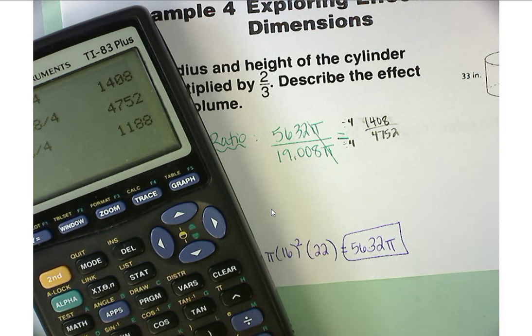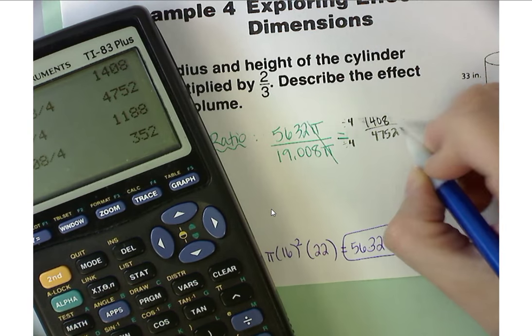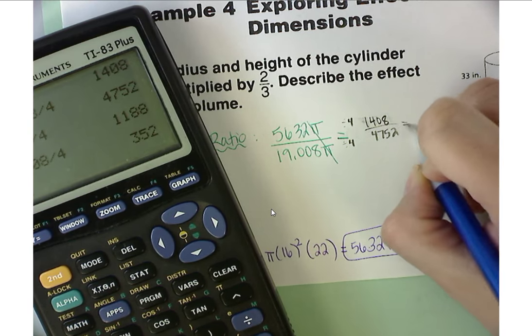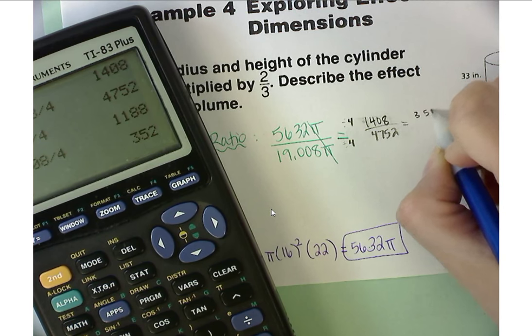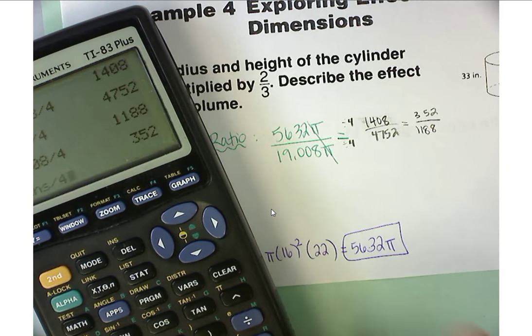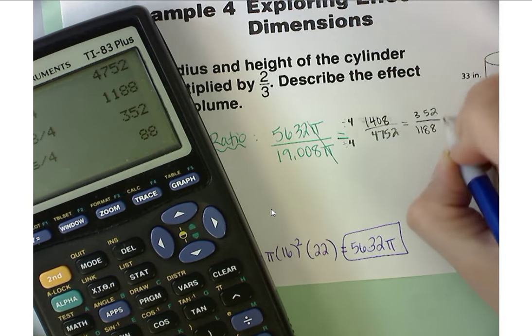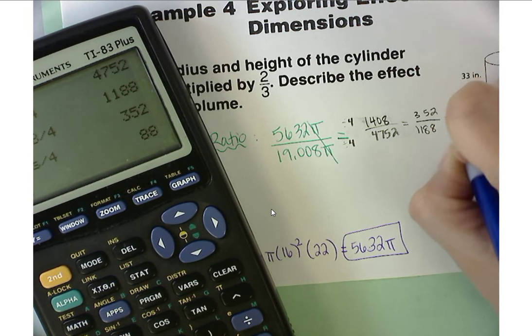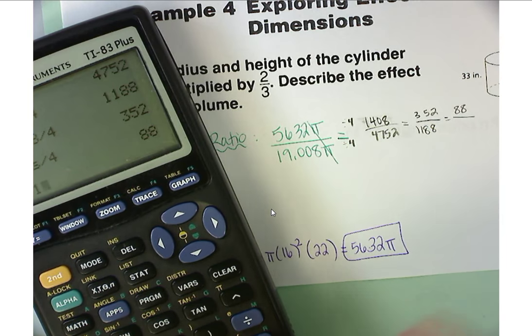So it does go into the bottom. 1408 divided by 4. Yep. So I divide by 4 again. So I get 352 over 1188. I would divide by 4 again and see if that works. And it does on the top. Let's make sure it does on the bottom.